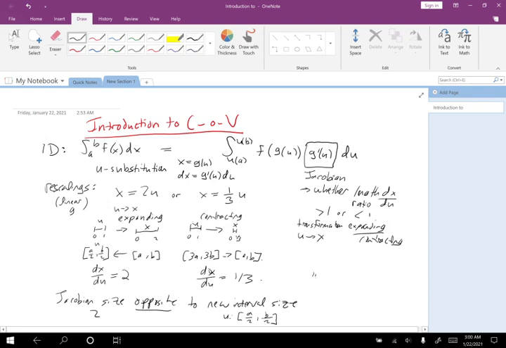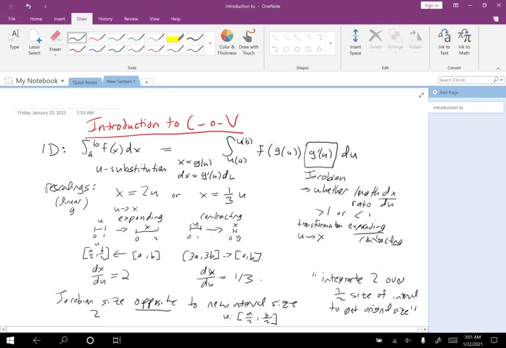So to write this in words, we integrate 2 over 1/2 the size of the interval to get the original size. So reducing the size of the interval compensates for that 2.